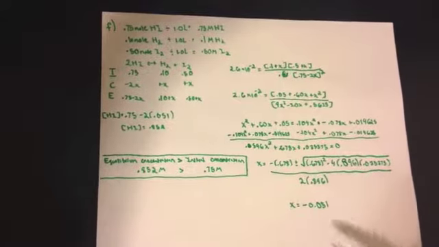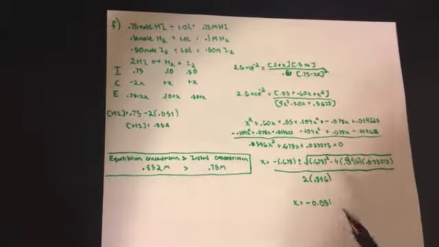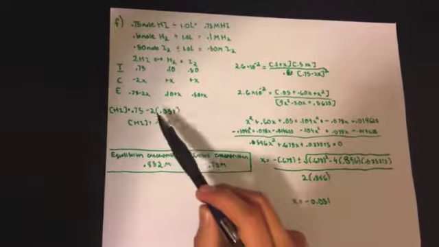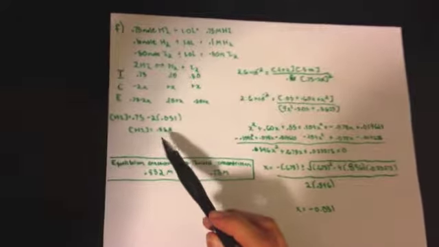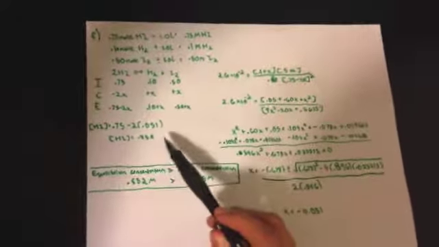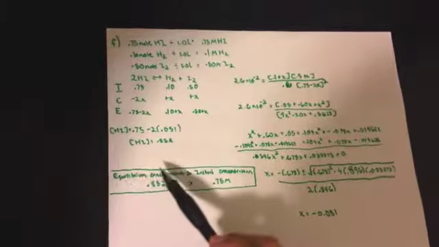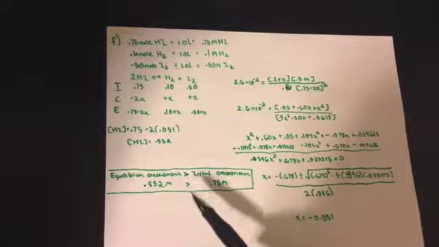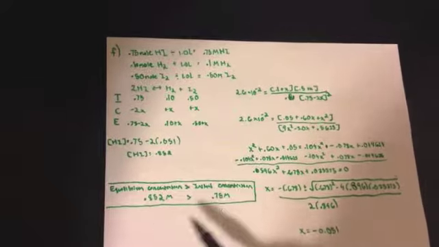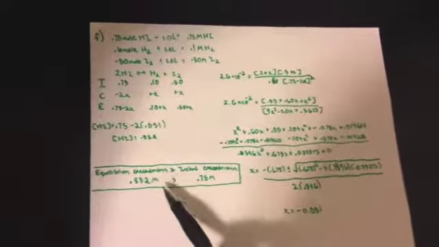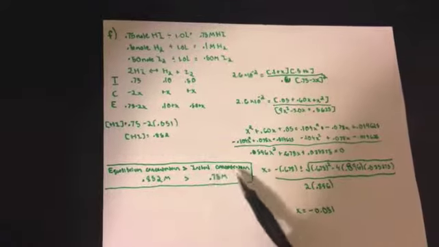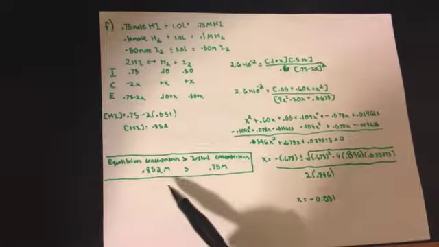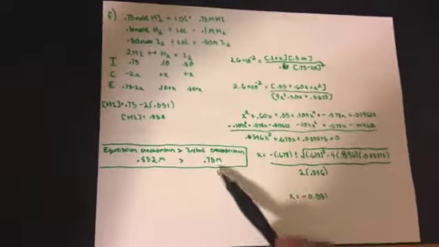So then we plug the x into 0.75 minus 2x, so we get 0.75 minus 2 times negative 0.051 is equal to 0.852. So the concentration of HI increased, and that means the equilibrium concentration is greater than the initial concentration, because 0.852 molarity is greater than 0.75 molarity.